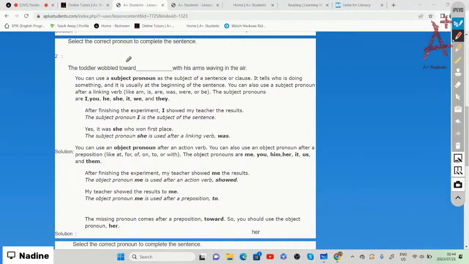So we can say the toddler wobbled toward her, with his arms waving in the air. Which means that the missing pronoun comes after the preposition, which is toward. Toward is a preposition, P for preposition, right? So you should then use the object pronoun her.